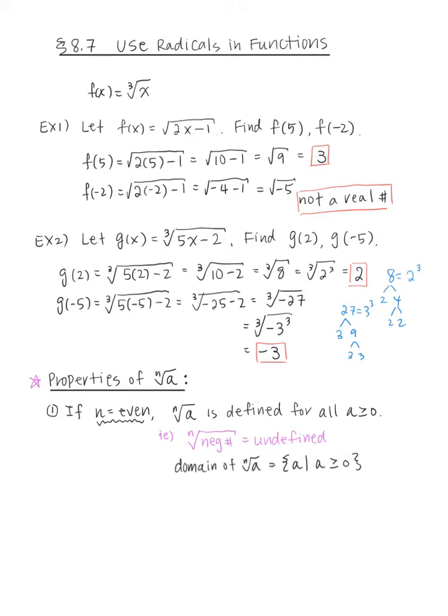Basically, if you're given the nth root, whoever sits under the radical must be greater than or equal to 0 no matter what.